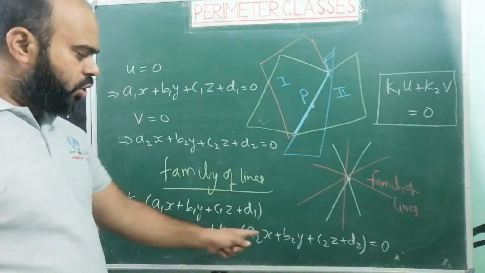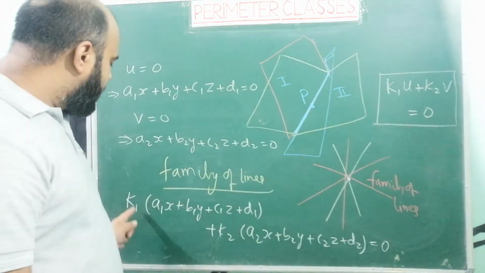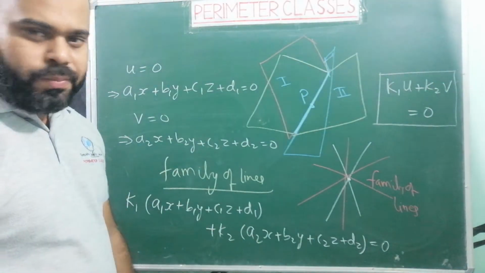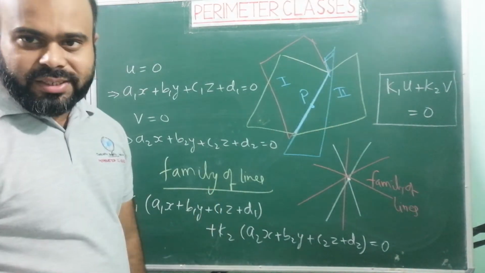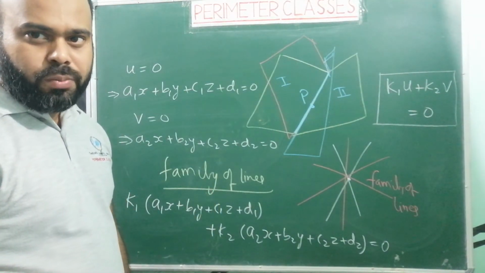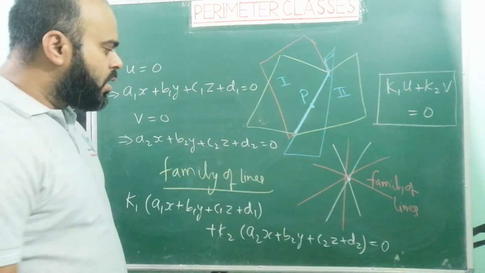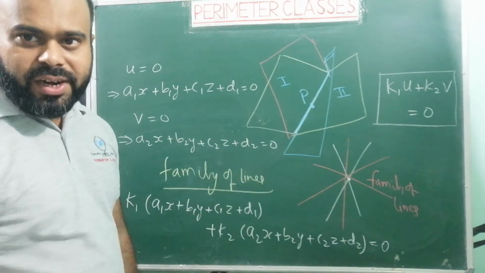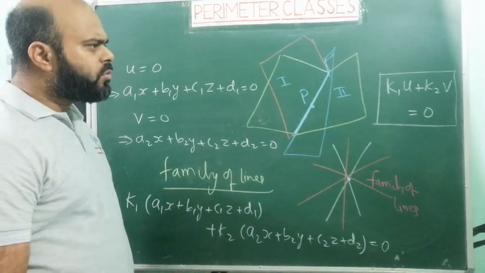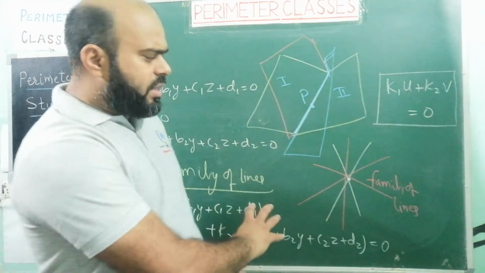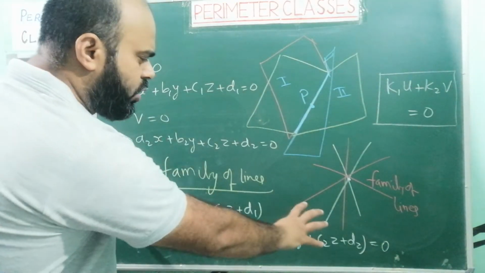The coefficient of x is k1a1 plus k2a2. Similarly, the coefficient of y is k1b1 plus k2b2, the coefficient of z is k1c1 plus k2c2, plus the constant term k1d1 plus k2d2. So this is nothing but the equation of a plane.